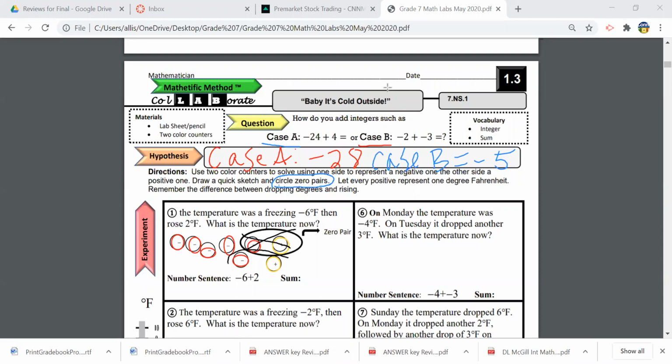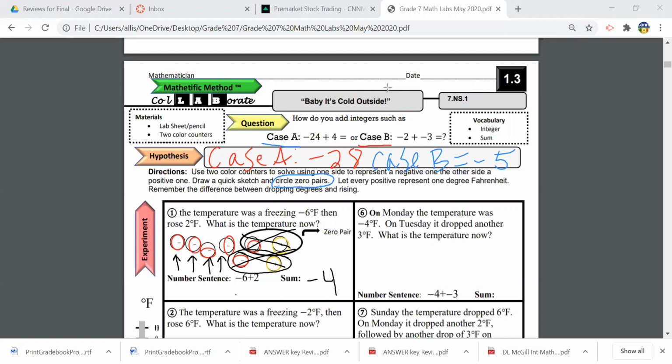And then I'm going to circle this one, and that's 0. And so I'm left with, over here, -1, -2, -3, -4. So I'm just going to write that here. And then I'll record this number sentence problem and the sum in the table, because the problem was -6 plus 2, and we found the answer to be -4.